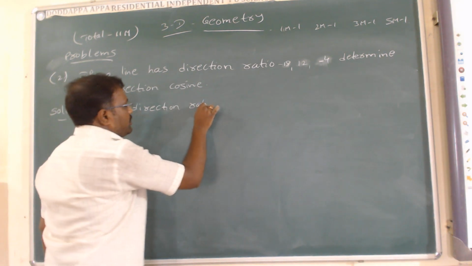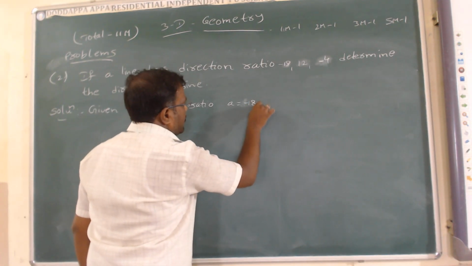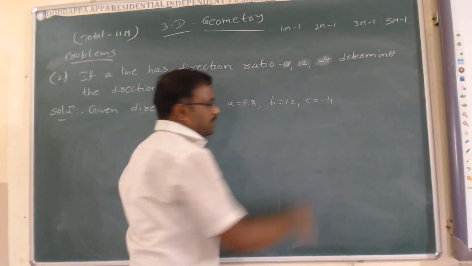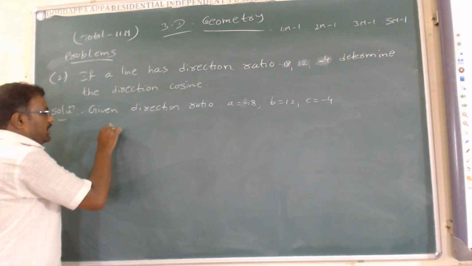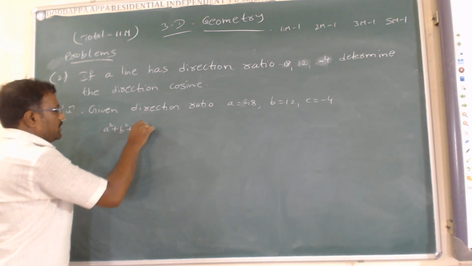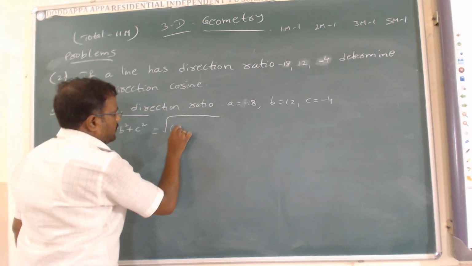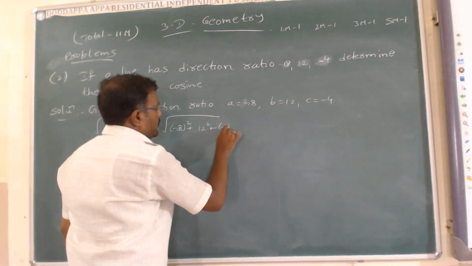Direction ratio: take the first one as the A value, that is A is equal to minus 18, B is equal to 12, C is equal to minus 4 is given, right? So first you have to find the square root of A square plus B square plus C square. So here, minus 18 square plus 12 square plus minus 4 square.